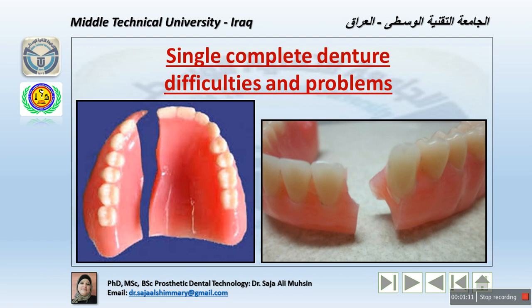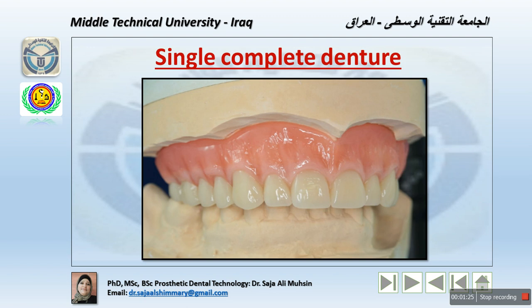There are four reasons that increase the difficulties and the problems related to the processing of such dentures. First of all, the ability of the patient to generate heavy occlusion force due to existence of opposing natural teeth, in terms of natural teeth or in terms of restored teeth.